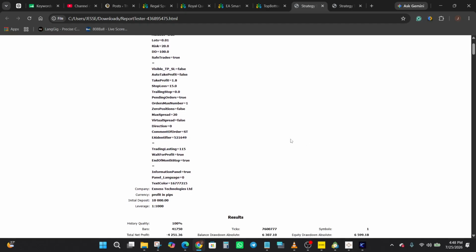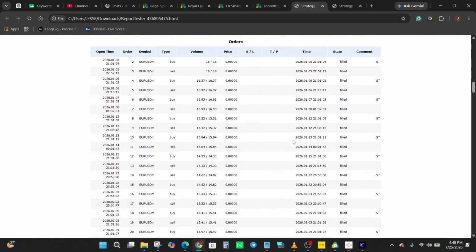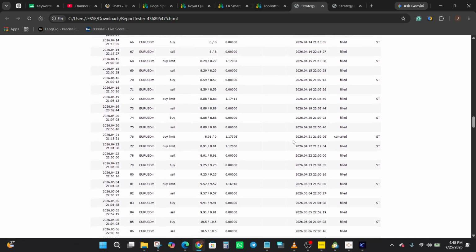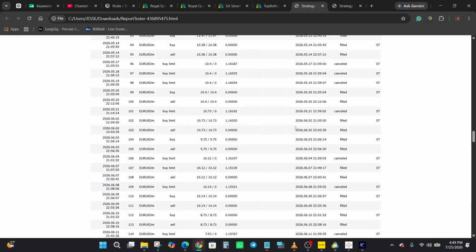Okay, so looking at the historical trade log to observe how the strategy executed entries, the EA operated primarily around a very specific time window, typically executing trades between 20 o'clock and 21 o'clock server time.